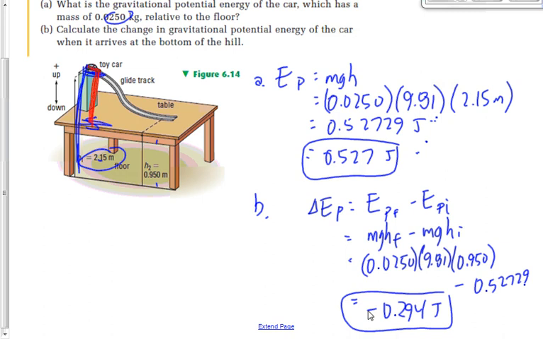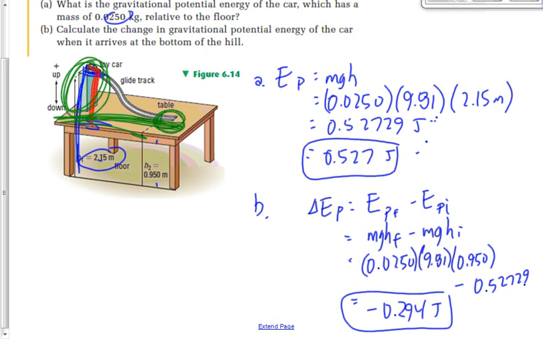Finally, one more thing that I want to ask you about. What if I had picked not the floor as my reference point, but rather the tabletop as my reference point? What if I had to solve for the initial potential right here, the final potential right here, subtracted them, what would I have gotten?